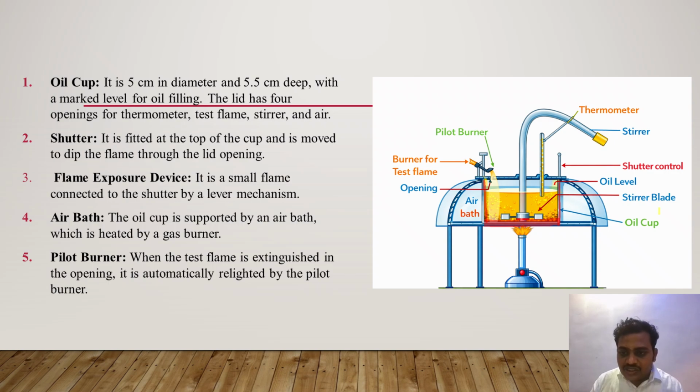This shutter control is used to insert the burners, the test burner and the pilot burner. That is, a test burner is inserted into the oil. It is operated with the help of the leveler mechanism.